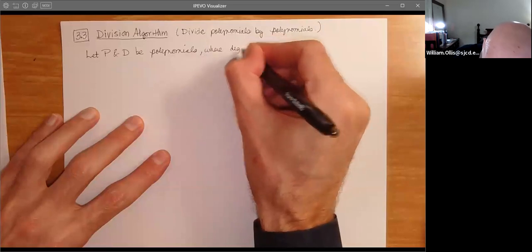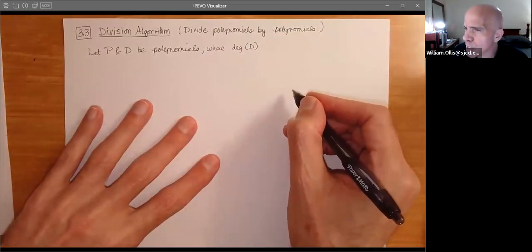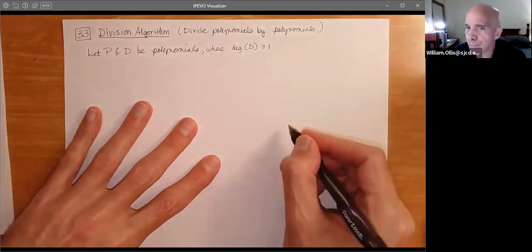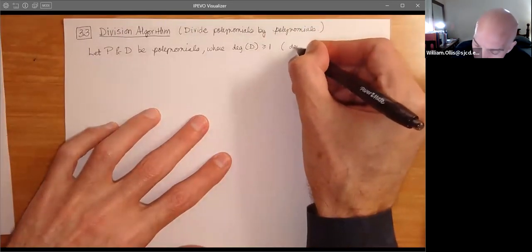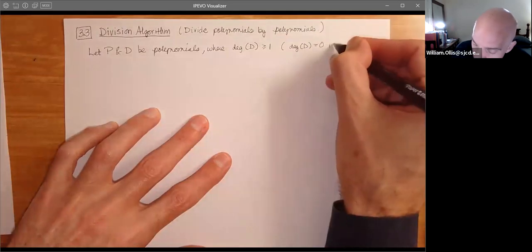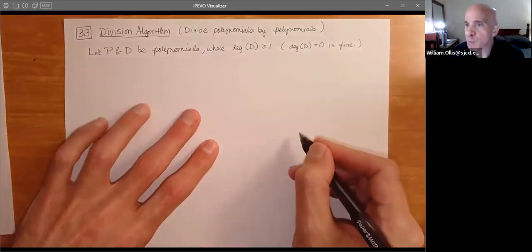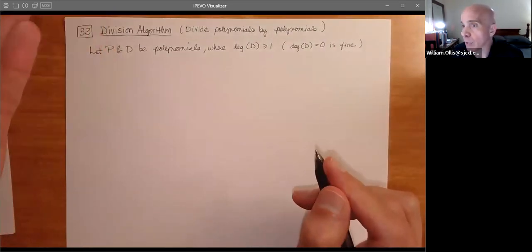Where the degree of D, now of course this is not required, but Dr. Stewart does this. We're just going to say that the degree of D is at least 1. It could be degree of D equals 0. The constant term is fine. It'd just be like dividing a polynomial by a number, like a 3.